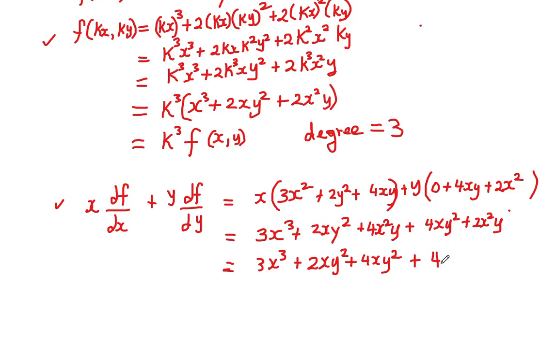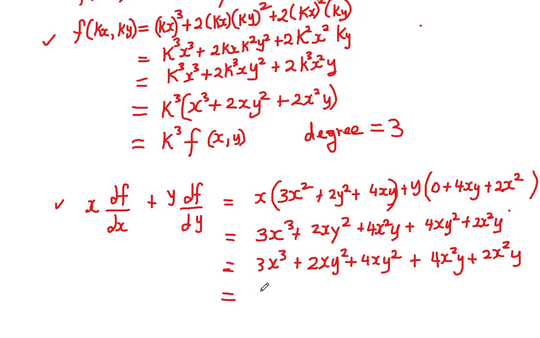Plus 4x squared y right here. And we realize that the power of x and the power of y here are the same right here. So it's going to be plus 2x squared y. Now we can add these two terms because the y and the x's have the same power.